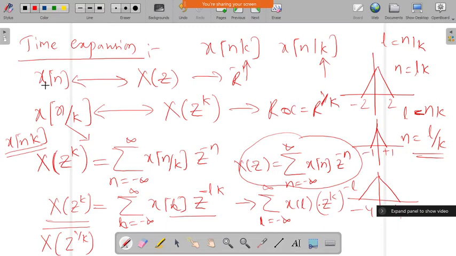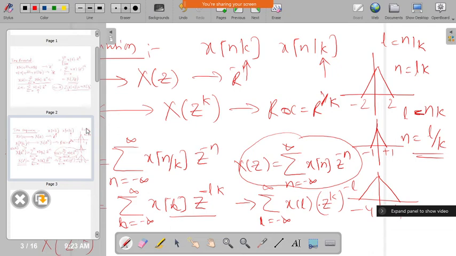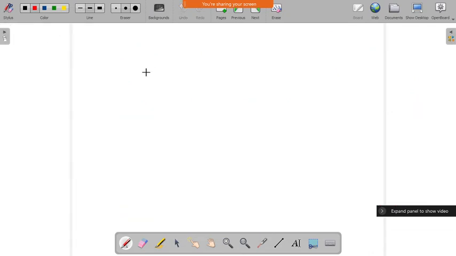Now the next one is the conjugation. Just remember the result for this conjugation; there is no need for a proof.